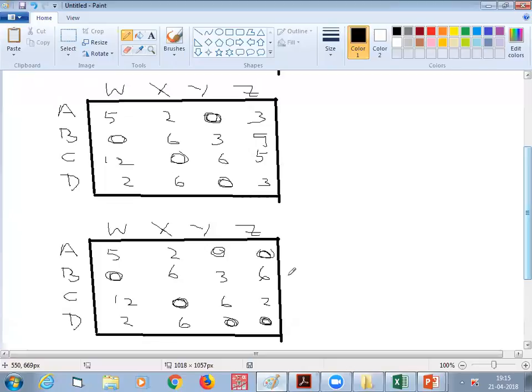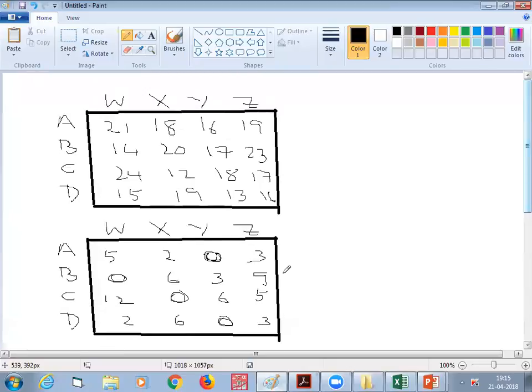This is to reduce the matrix. Basically, subtracting the minimum value relates to the assignments. When I look at the first row, the values are 21, 18, 12, 16, and 19.